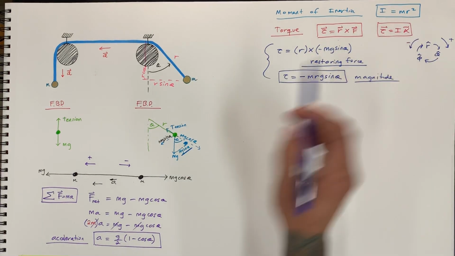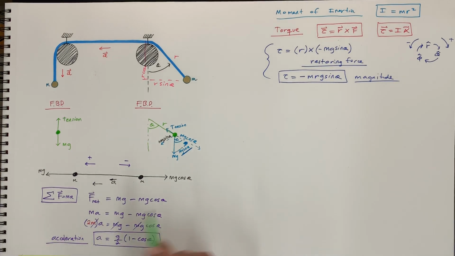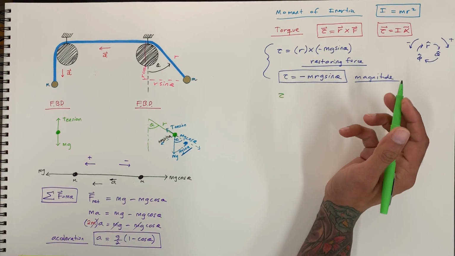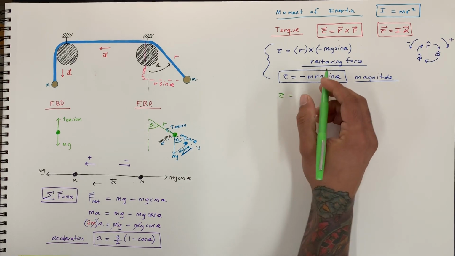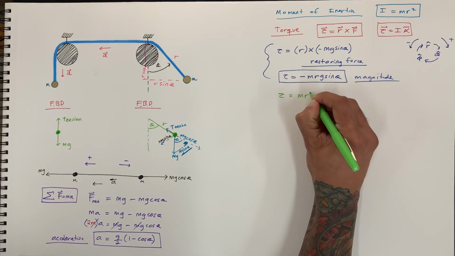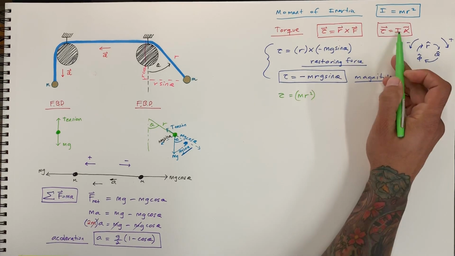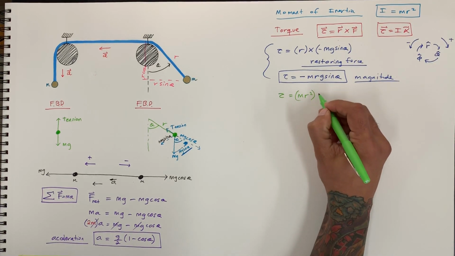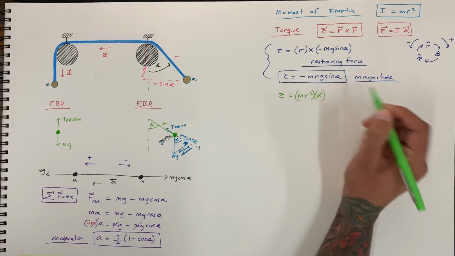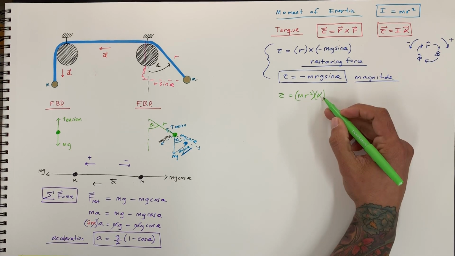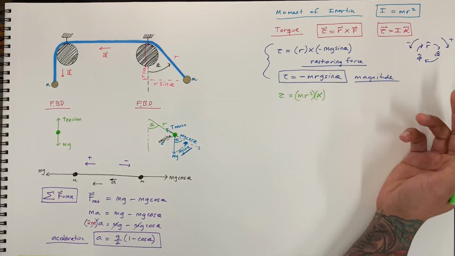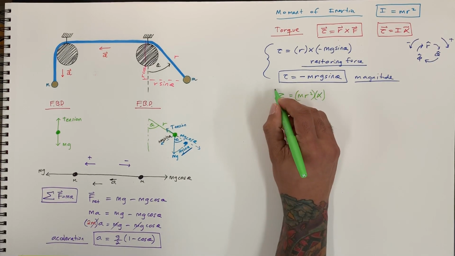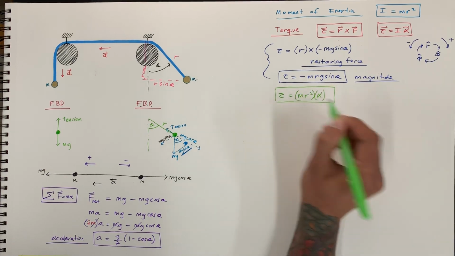Okay, so we got that. Now let's find the second one. Okay, so for the second one, we're going to use the moment of inertia, which is mr squared, okay? And the acceleration, we're just going to keep as alpha, okay? Because we just want the magnitude again. So we got this, and we're done with both of those.